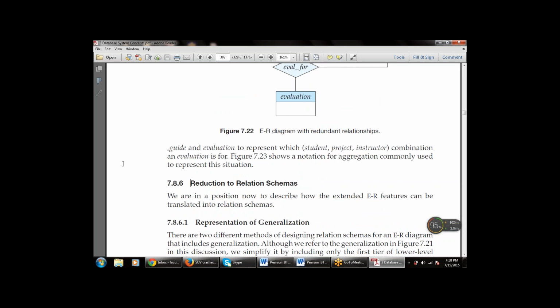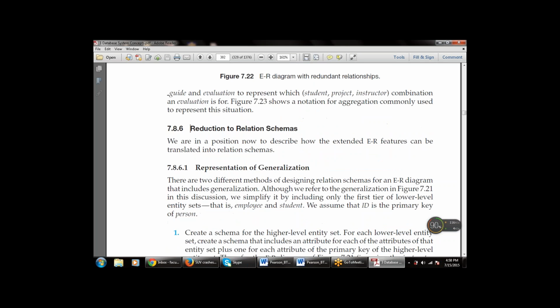Now next is the reduction to the relation schema. Now we are in a position to represent how to reduce to the relation schema.